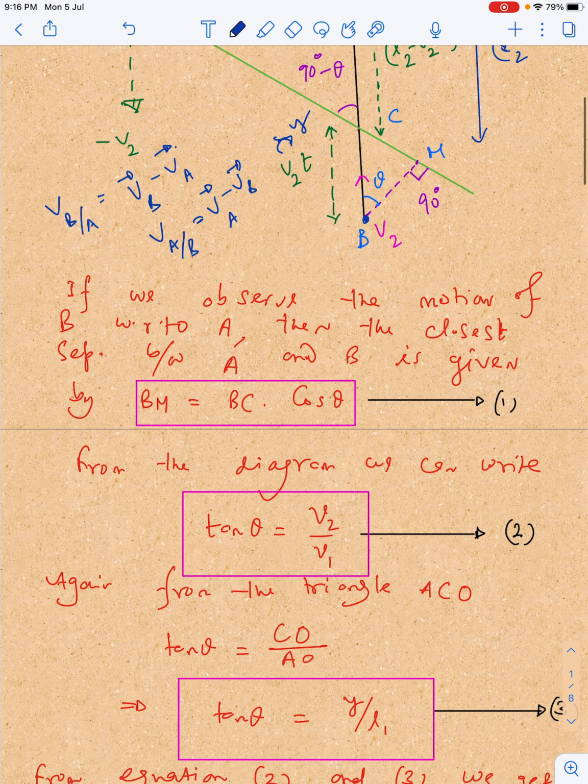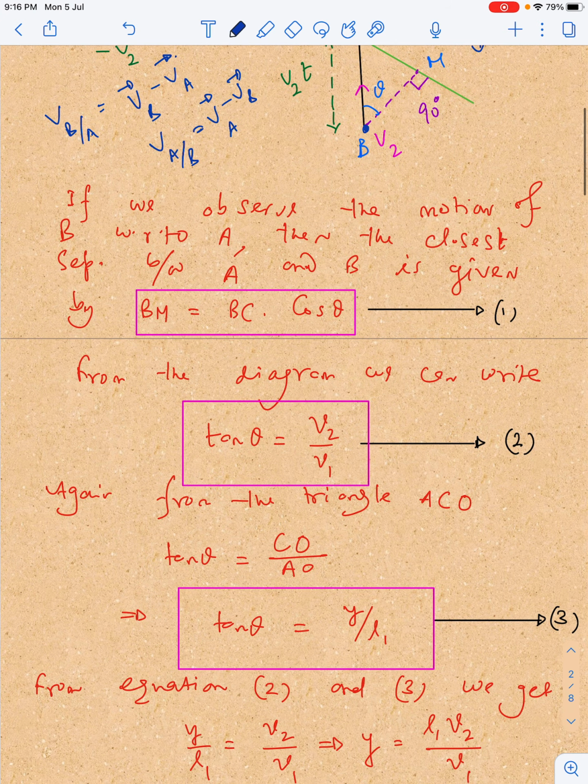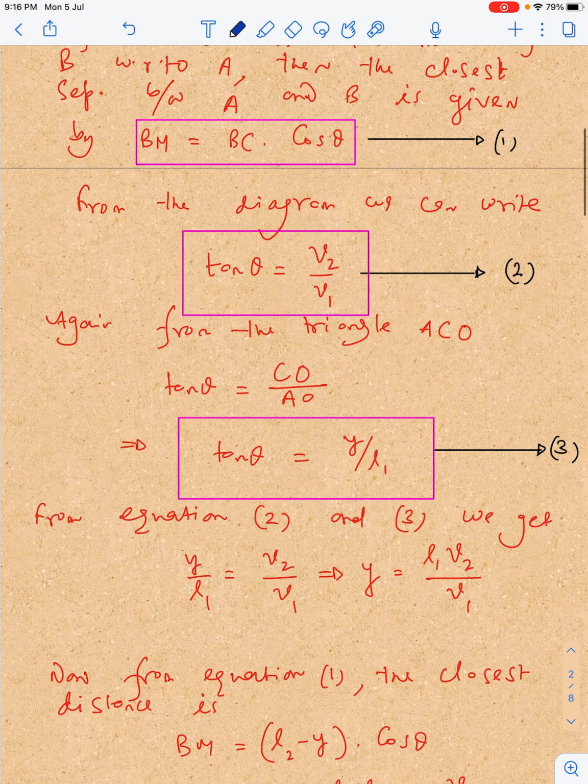In this calculation I have taken this value as y only, so there is nothing much to change. So y by L1 will become tan theta. One tan theta is V2 by V1, another tan theta is y by L1, correct? If I equate them, I will get y in terms of known values: y is L1 V2 by V1.